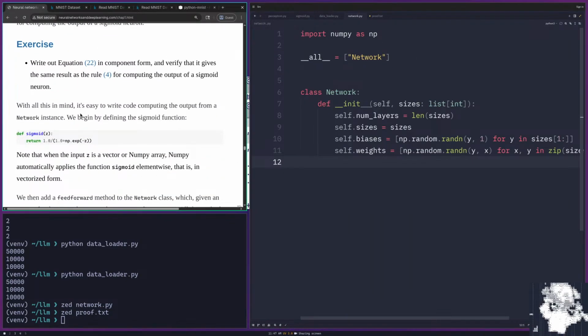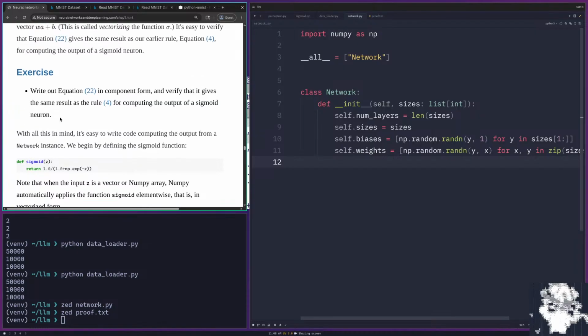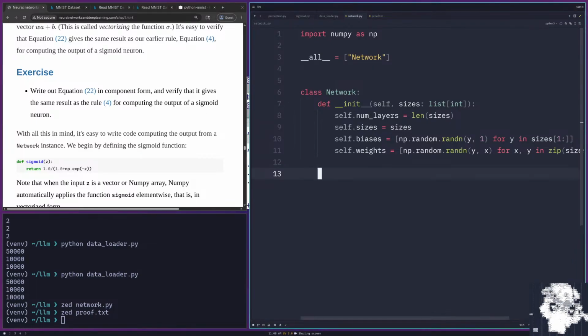With all this in mind, it's easy to write code computing the output from a network instance. We begin by defining the sigmoid function. Okay, I want to write my own code for the output.